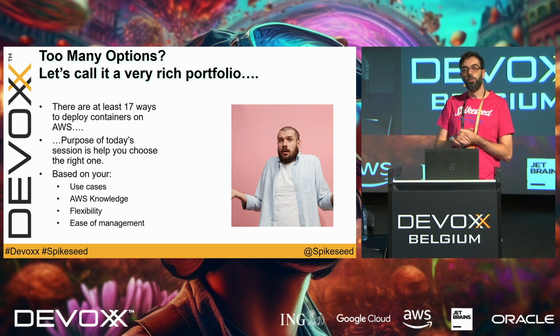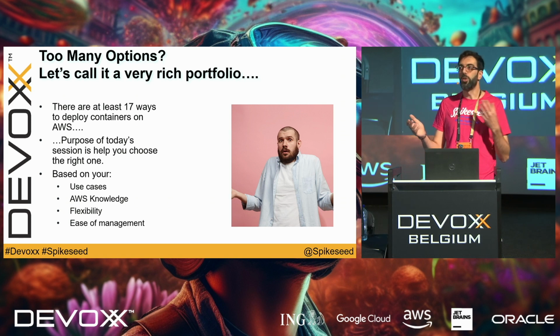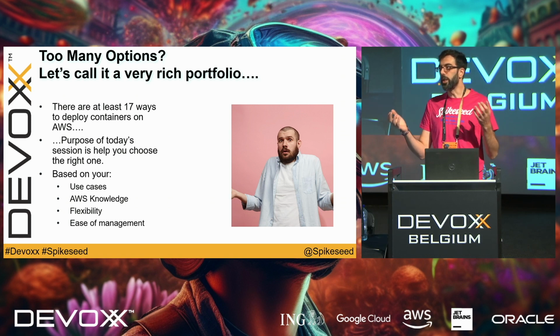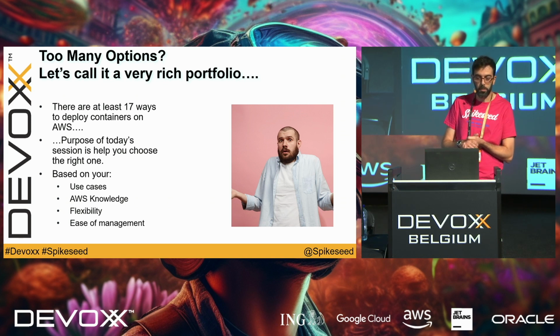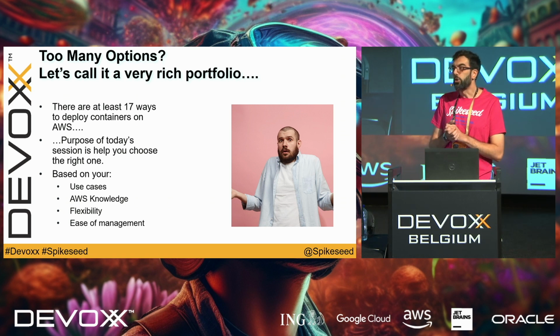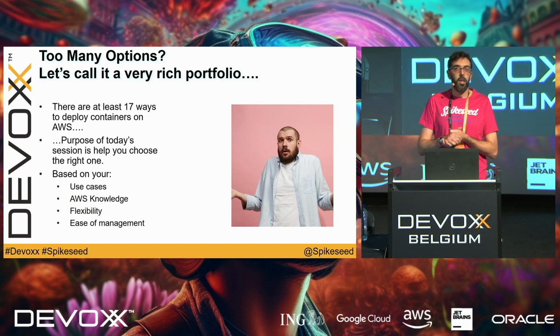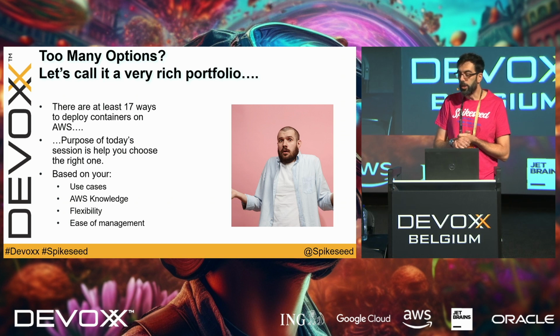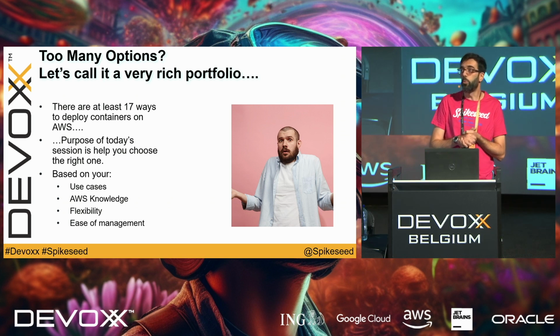So we will look into a few use cases, and when I talk about use cases, I mean whether you have single container workloads, multiple containers, or you want to run advanced orchestration or customization. Ideally, this is indeed a beginner talk, so you're not supposed to have very thorough knowledge of AWS or the AWS services. You may want flexibility, meaning you may want to customize your deployment, or maybe not.